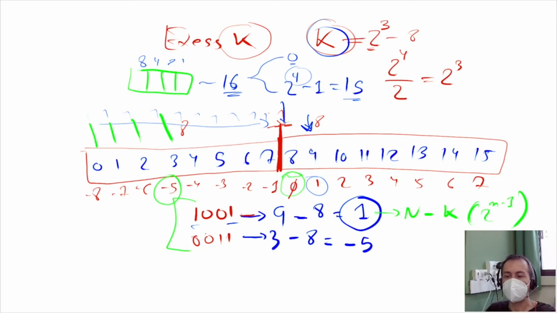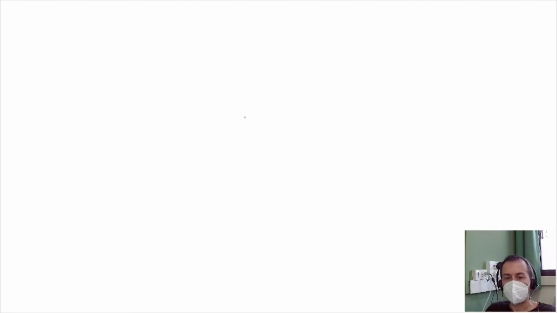To know the binary representation, you just add K. So for example, if we want to represent 7, we add the K, this is K, and this is 15.